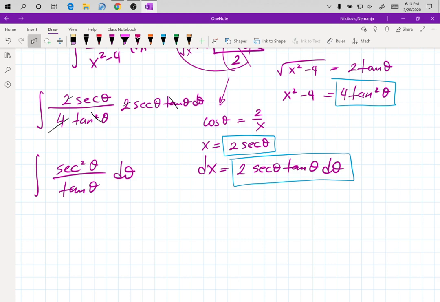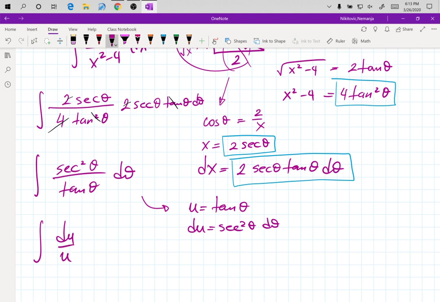And this trig integral is what? Secant squared over tangent theta. The derivative of tangent is secant squared, so it's a u sub. u equals tangent theta, du equals secant squared theta d theta. So the whole integral becomes the integral of du over u, which is ln of u plus c.